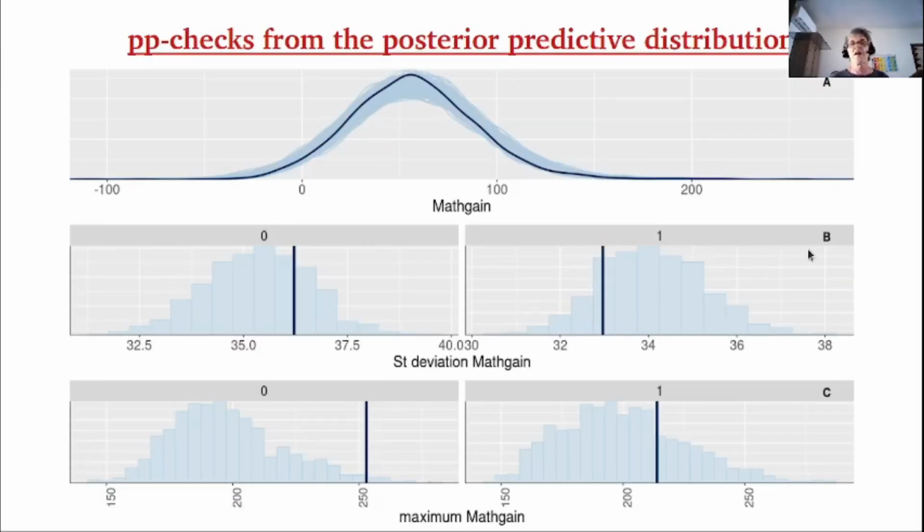So, because this is a Bayesian model, we can obtain PP checks. We see that our model predicts the observed density curve as a typical realization. The model is more successful in predicting the standard deviation of the response variable for one of the sexes, but not for the other.